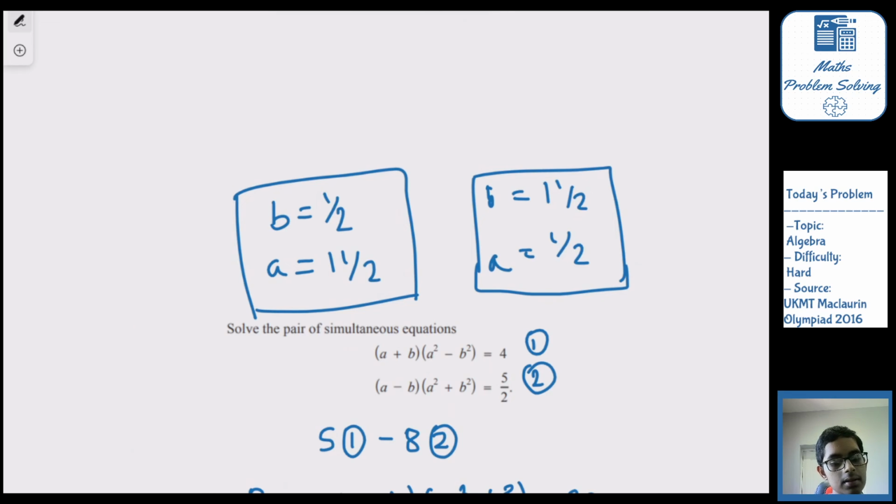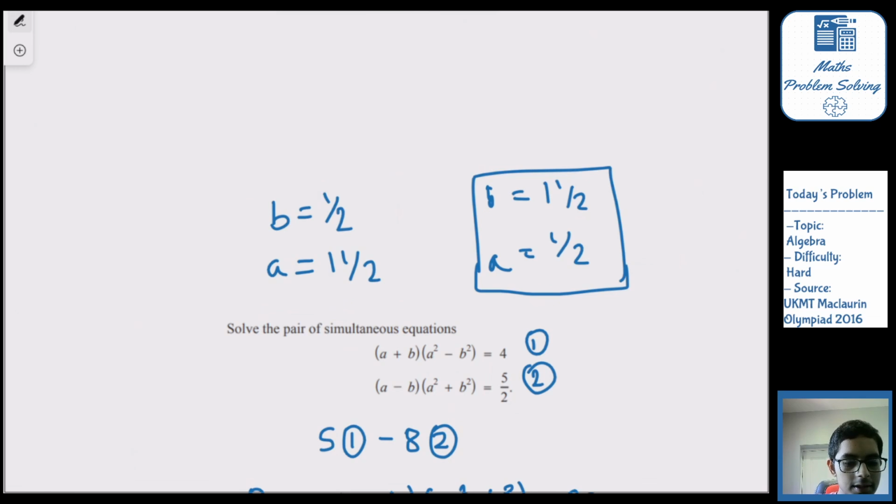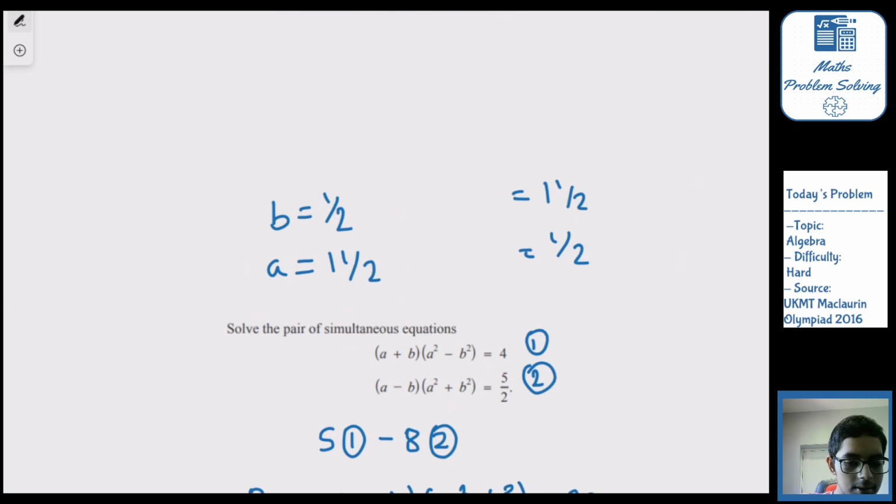Okay, so yeah, we're basically finished with this. So it's very key in our final step of working just to write these terms as pairs, because you sometimes lose marks. Even if you wouldn't lose your marks in a GCSE exam, you might lose your marks in an Olympiad paper for not pairing these values up.